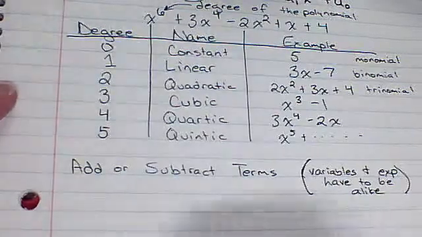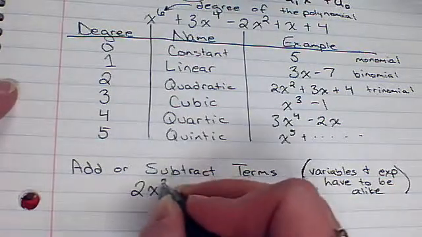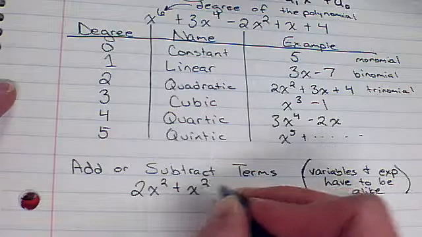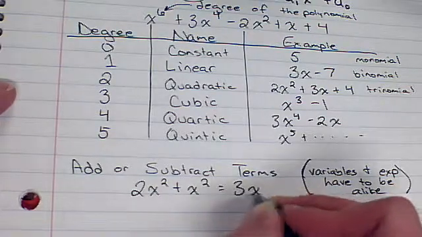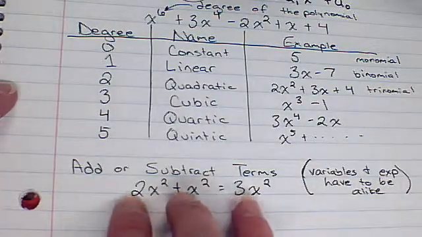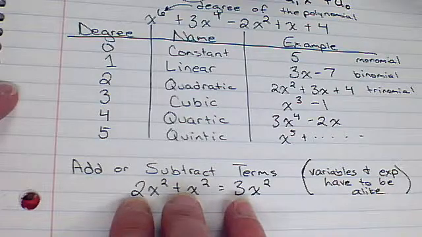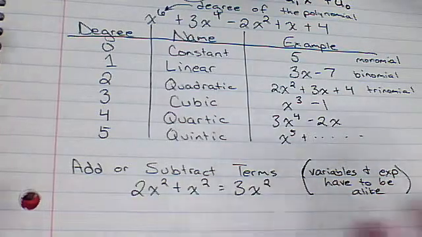So if we had 2x squared plus another x squared, that would be 3x squared. You're just adding the coefficients. Nothing happens to the exponent.